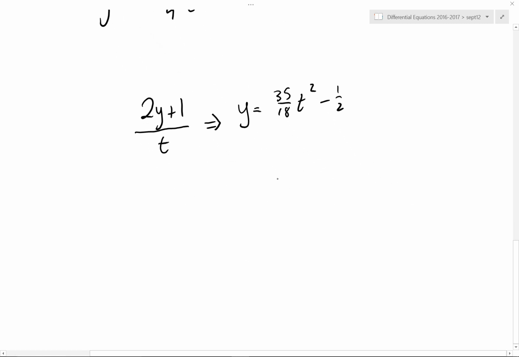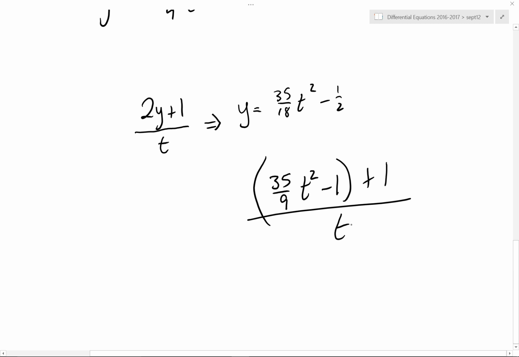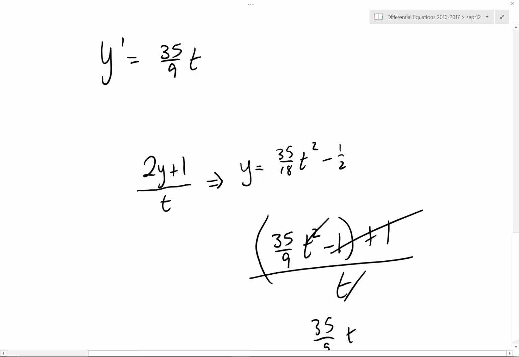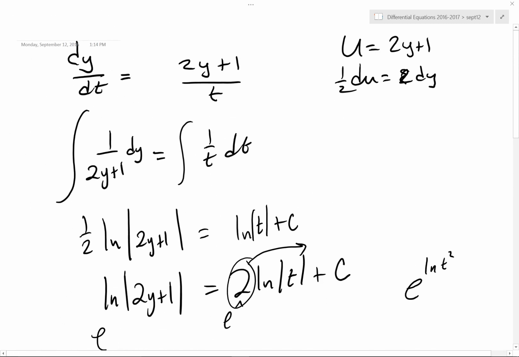So if I take 2 times that, I'm going to get 35/9 t squared minus 1, plus 1 over t. Oh man, I see it. And son of a gun, you end up with 35/9 t, right? Which is where you ended up with the thing.